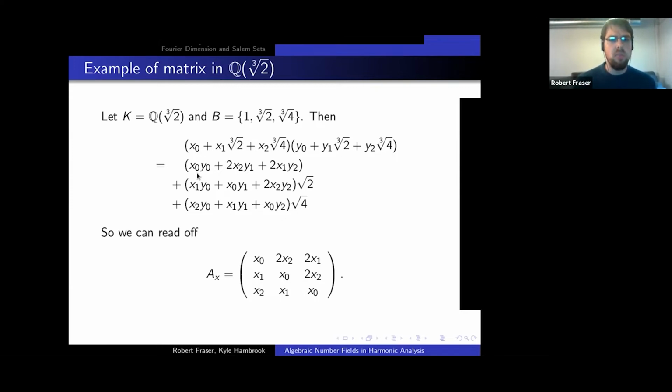And then within each row, I've arranged these by which y it is. So you can just read off the entries of the matrix A sub x just by looking at the coefficients of the y's in each row. So that gives you this matrix, which we associate to the element x0 plus x1 cube root of 2 plus x2 cube root of 4.